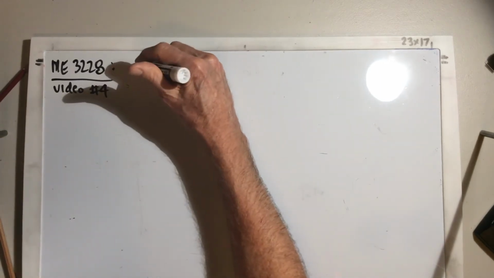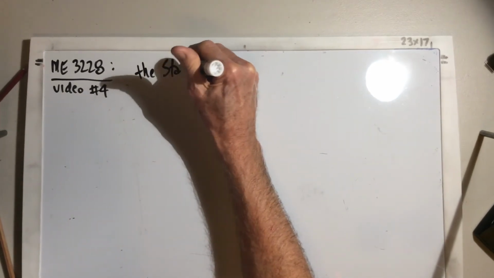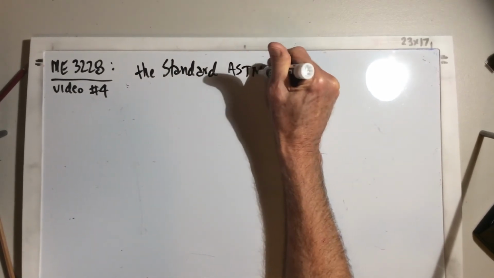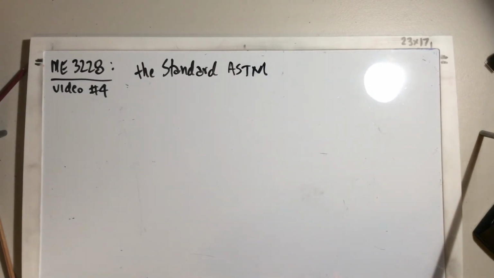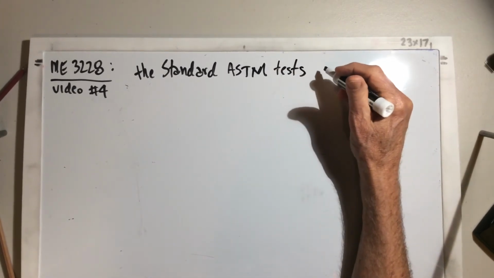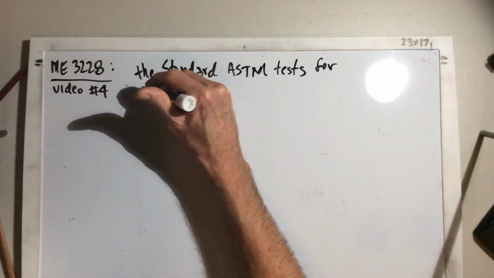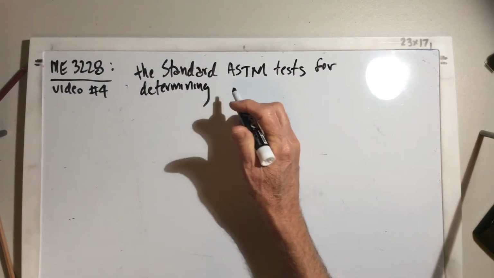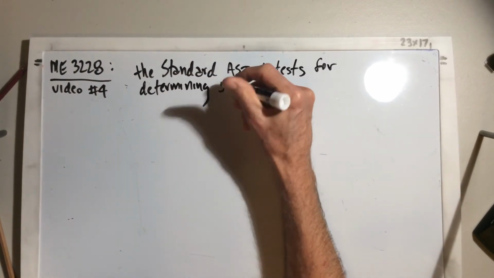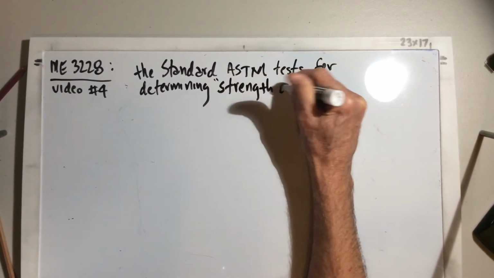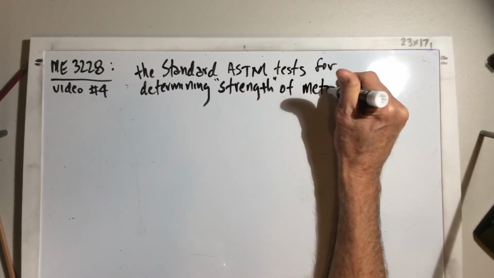ASTM is the American Society for Testing and Materials. So we're going to be looking at the standard ASTM tests for determining strength of metals.